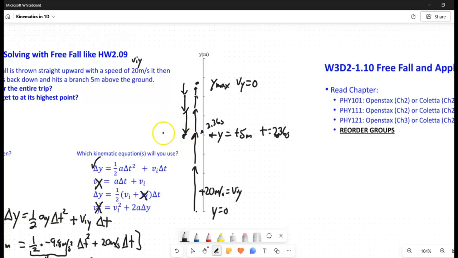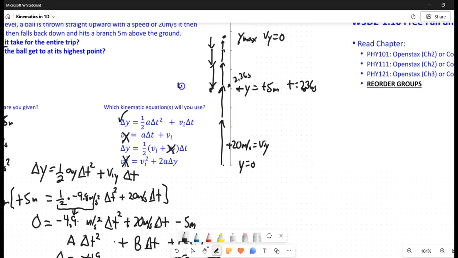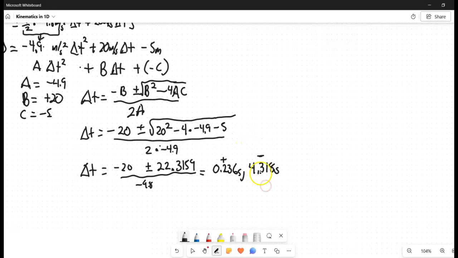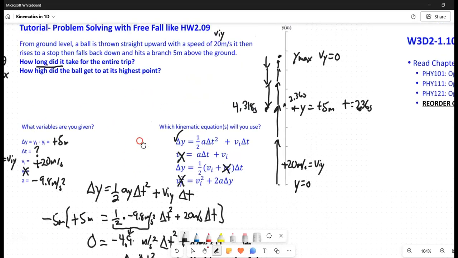When it's coming back down here, now it's hitting the tree at 4.318 seconds. So those two solutions mean it's passing that 5 meter branch on the way up, and then on the way back down it is passing that branch again. So the time it takes to go up, come to a stop, and then turn around and fall back down is 4.318 seconds. That's what they're asking us to figure out.